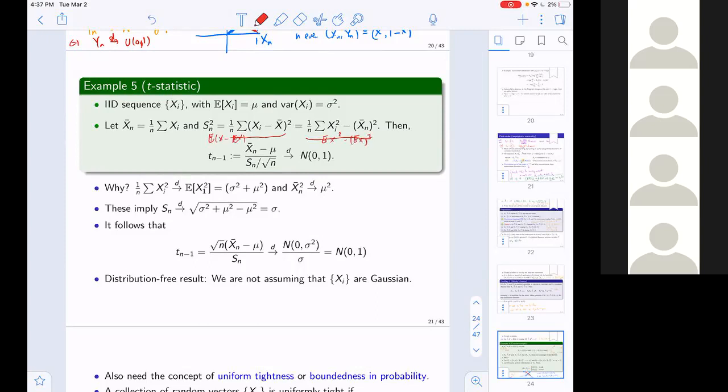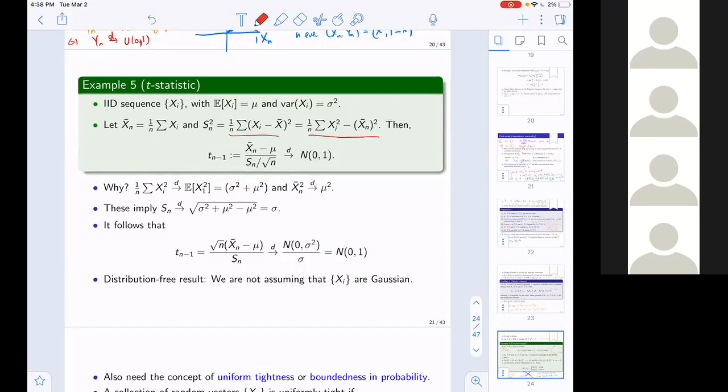As long as you interpret the expectation as taking the mean with respect to the empirical measure, you can easily see that this statement has to be equal to this statement. That's one of the advantages of working with 1 over n here.